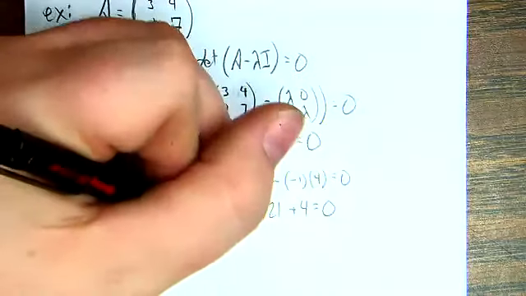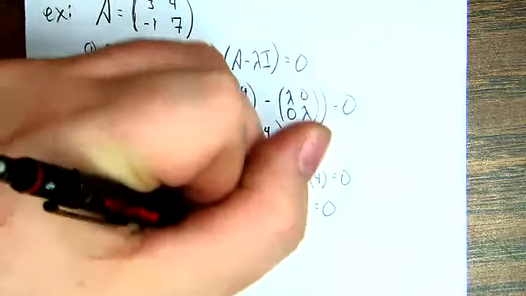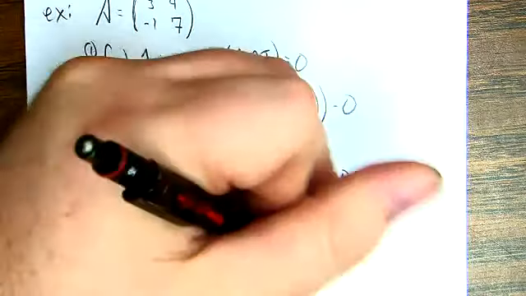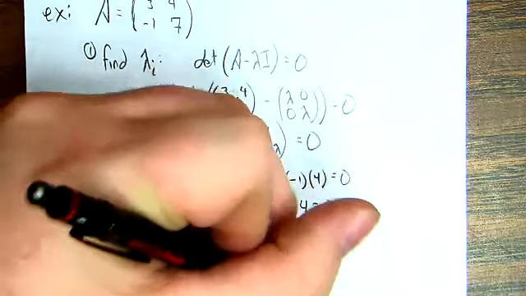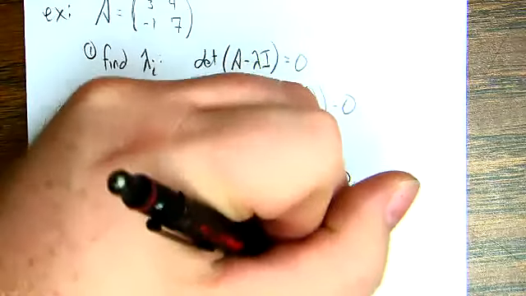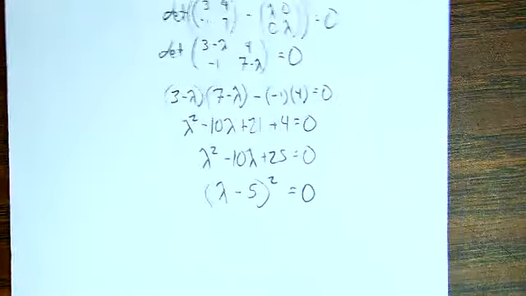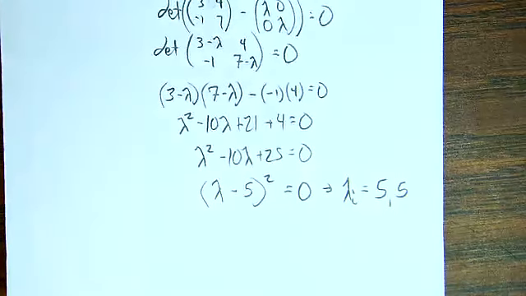And so we get lambda squared minus 10 lambda plus 25 equals 0. And we have a hiccup here. This factors into (lambda minus 5) quantity squared, telling us that we have 2 eigenvalues here, but they are the same eigenvalue. They are a repeated eigenvalue.